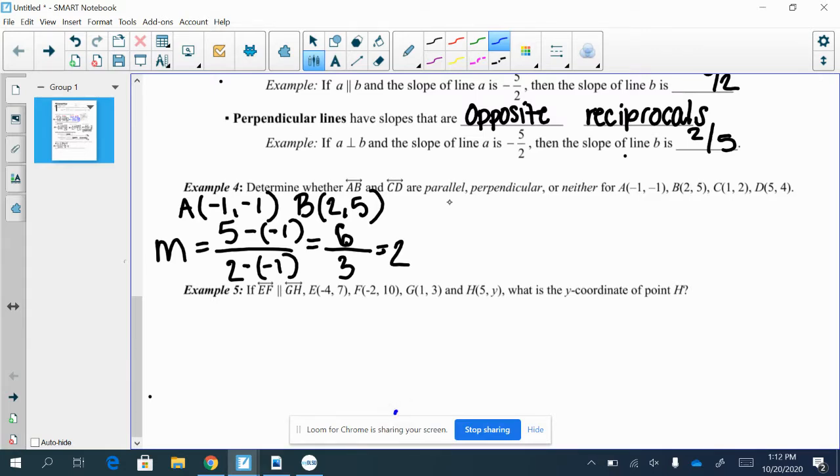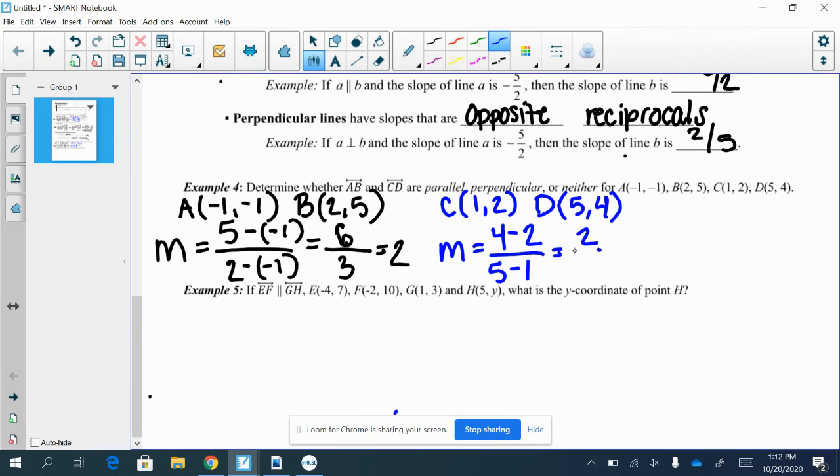And then C has coordinates of (1, 2). D has coordinates of (5, 4). So 4 minus 2 all over 5 minus 1. So that would be 2 over 4, or 1/2.